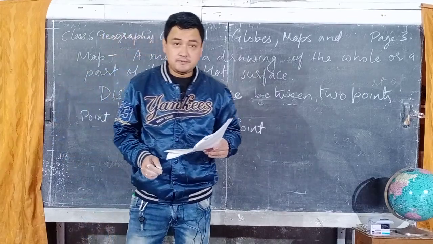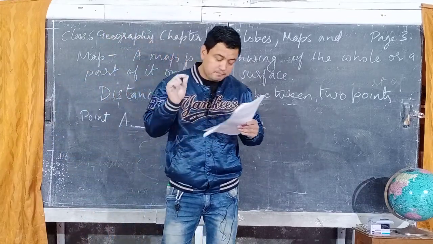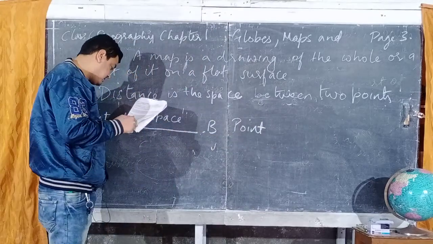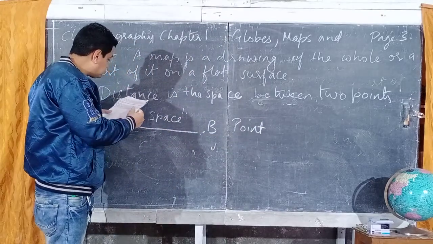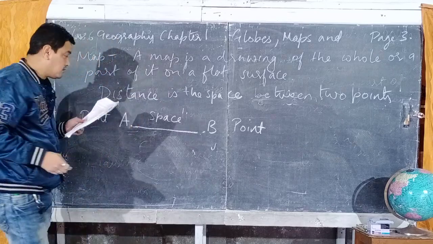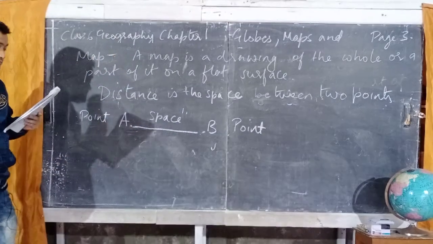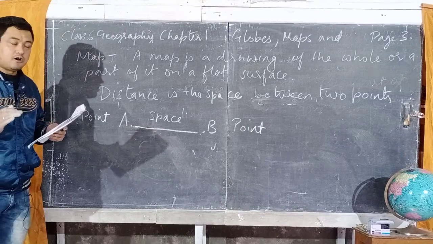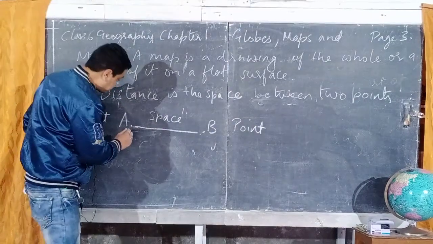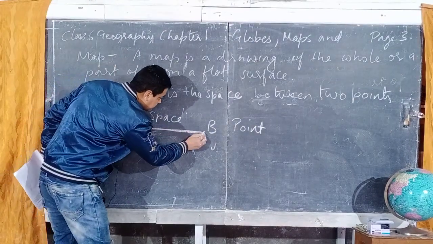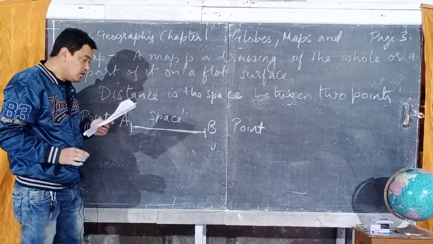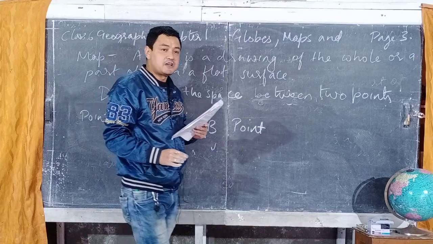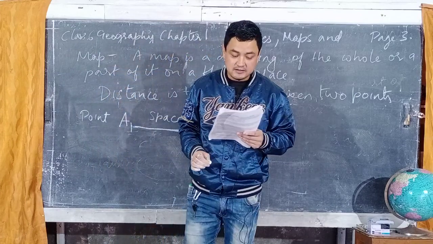The distance is measured on a map in a straight line, from point A to point B. On the map, the distance is measured with the help of a scale.